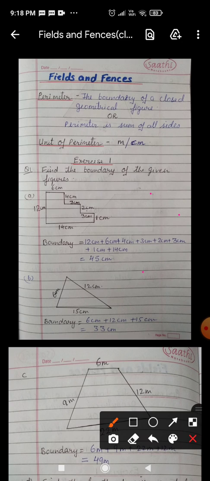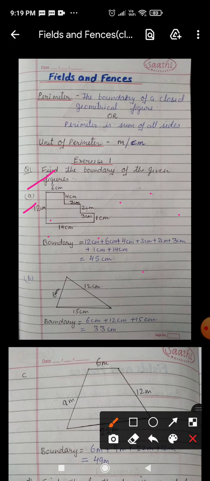Here you can see in question number 1a, this figure has 1 2 3 4 5 6 7 and 8 sides, and all 8 sides are of different length.